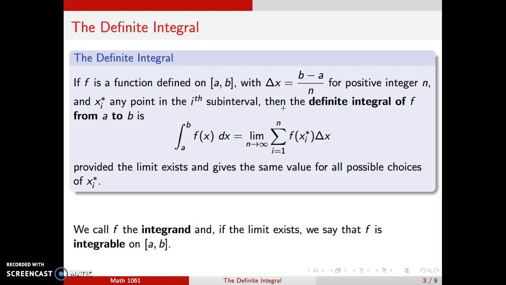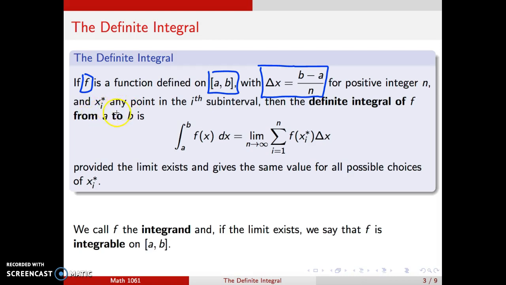So here's our formal definition for the definite integral. If f is a function defined on the closed interval a to b, we've got delta x as we defined it before, so nothing new there. So all our key points here: positive integer n. In our first interpretation, that would be the number of rectangles.